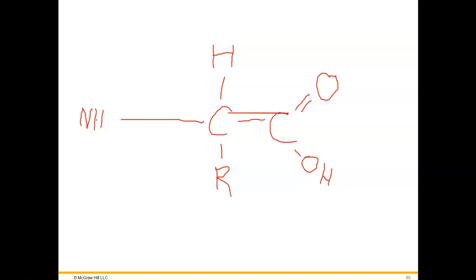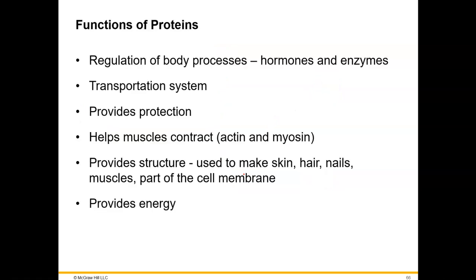So this is what makes it an amino acid, that it has an amino group, and then the carboxyl group is an acid. It makes it an acid. So you've got the amino group, the R group, the carboxyl group, the hydrogen group, and that's what an individual amino acid looks like. Okay, well, that wasn't so bad.